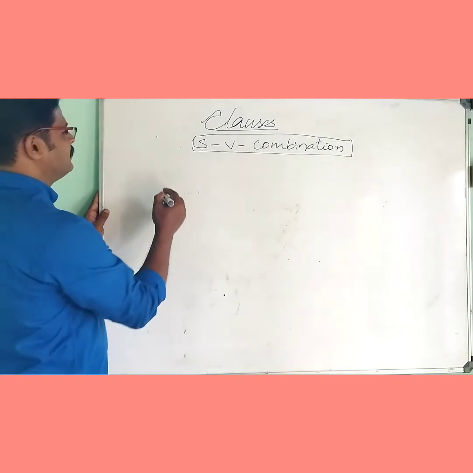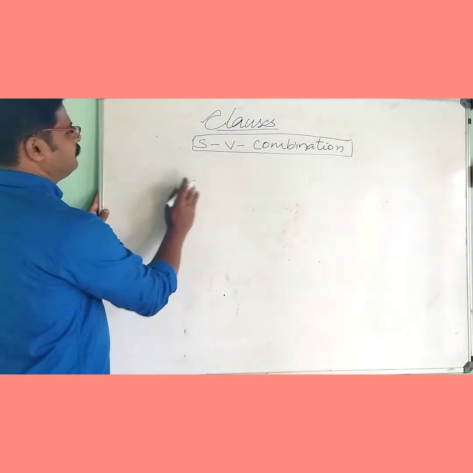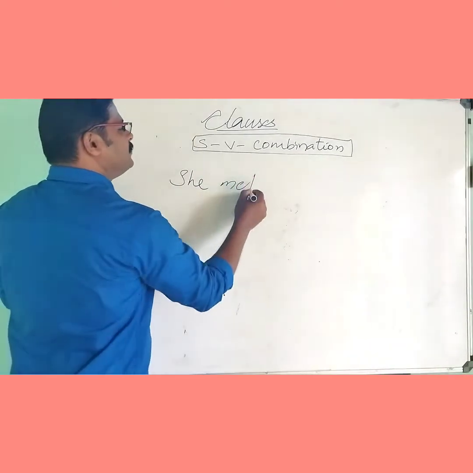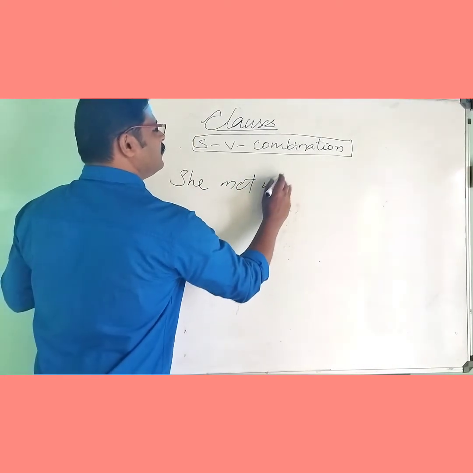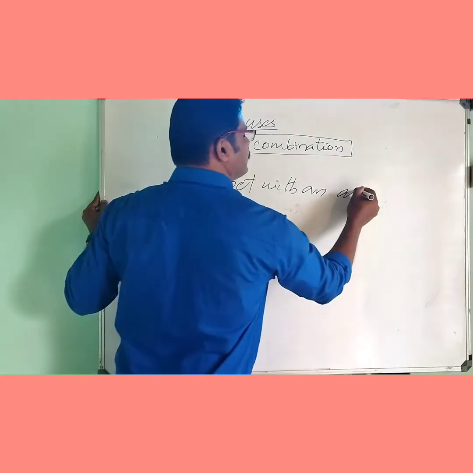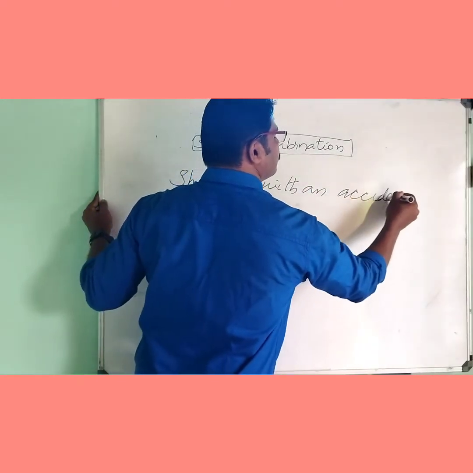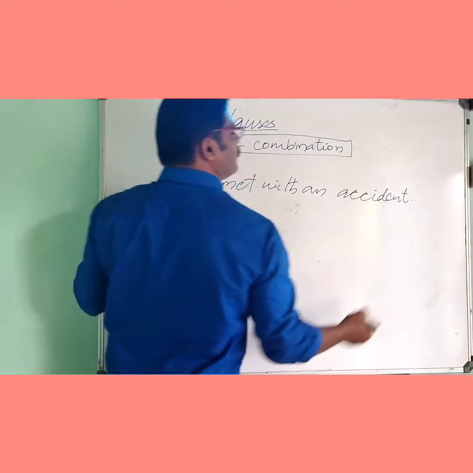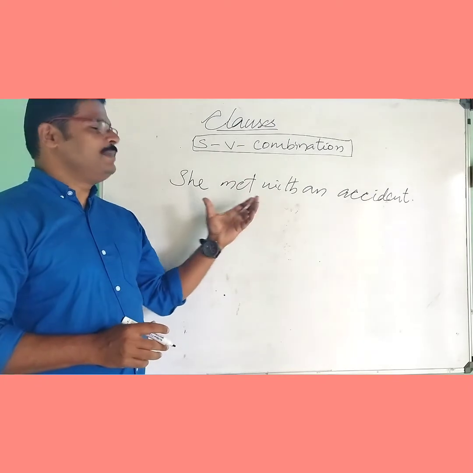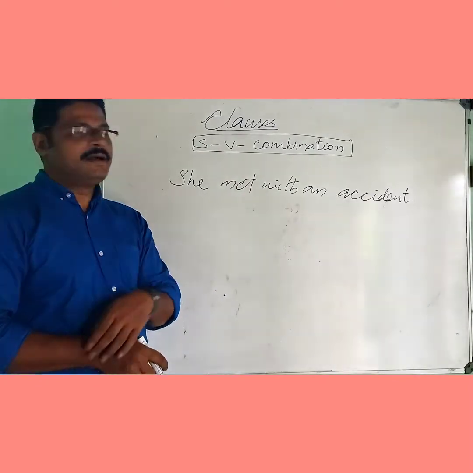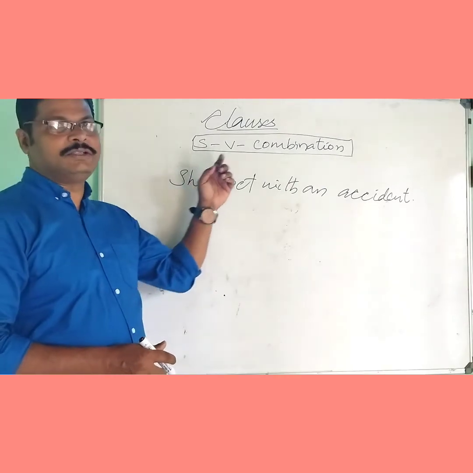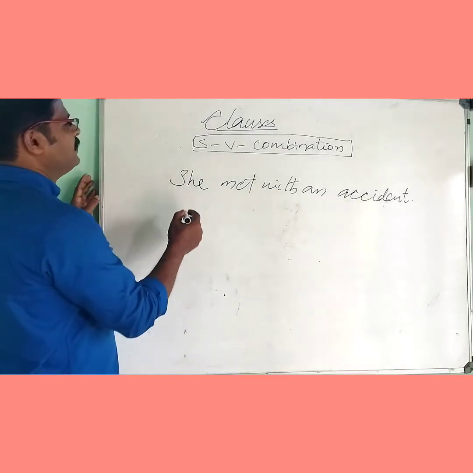I will write one sentence here. She met with an accident. This is a meaningful sentence, and we can say this is a clause. See, a clause has a subject and verb.